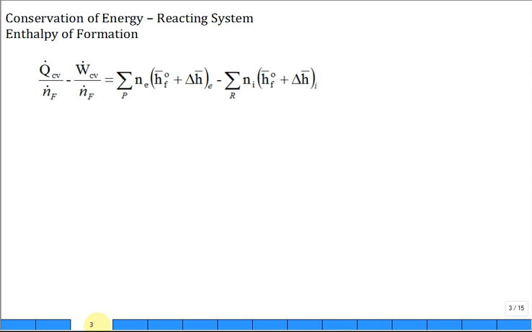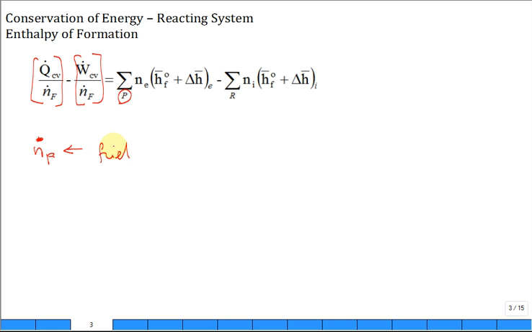So what you could do is write a general equation for combustion or reacting systems. Here, there's any heat transfer into the control volume, any shaft work out of the control volume, the flow of the products. And notice what they did was they took the whole equation I had before and divided it by N dot of the fuel, the molar flow rate of the fuel.